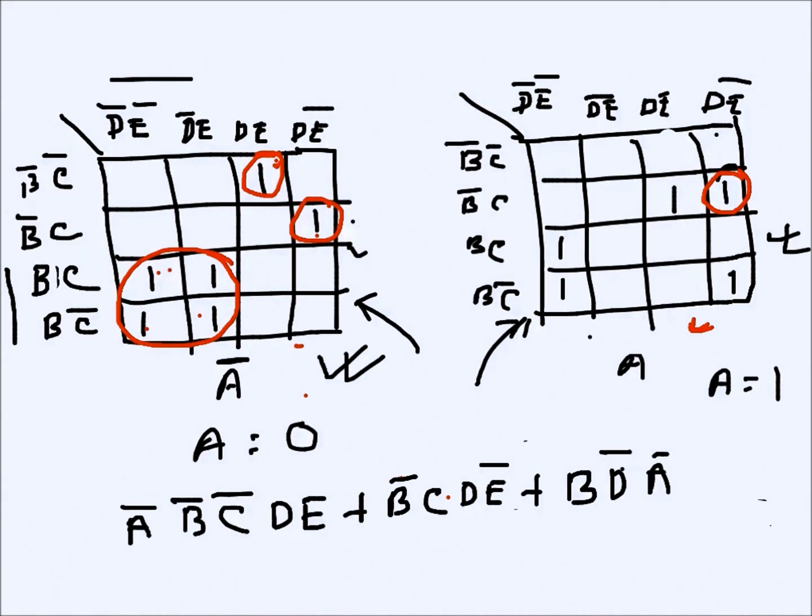But for the last one there was no A because it was in both A0 and A1, as I said before. So yeah, now let's go to the other K-map, the second K-map.